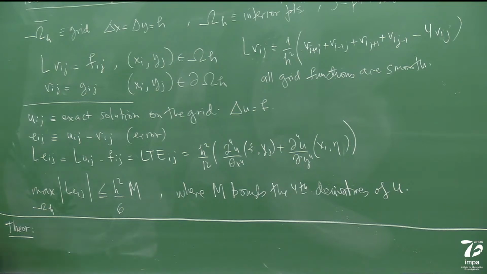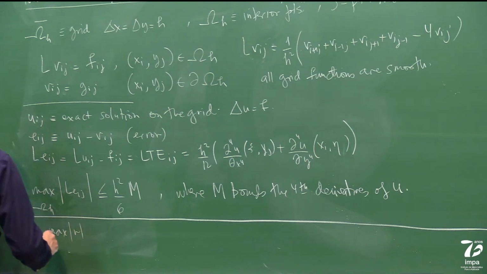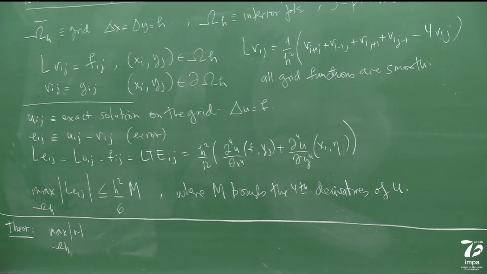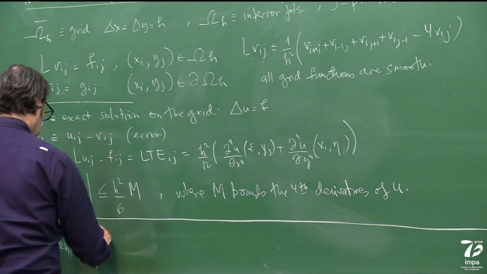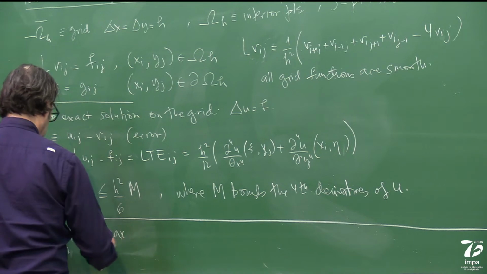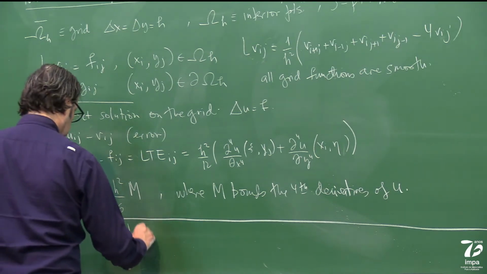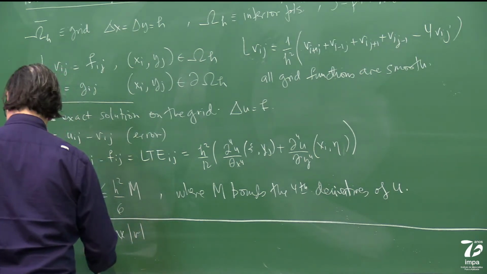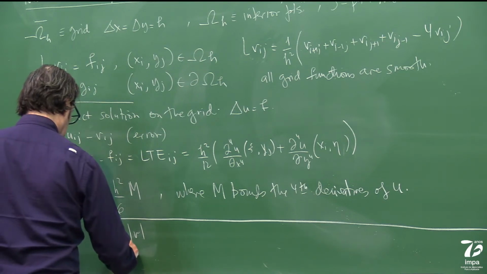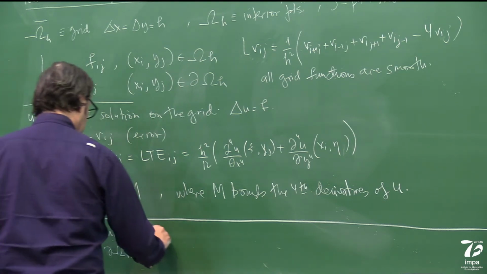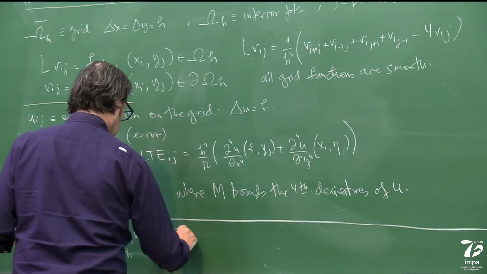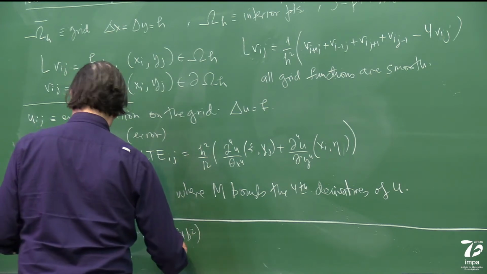The theorem we'll say is the following, and I'll come back to this next class. We're going to say that the maximum of V in the interior of the grid can be bounded by the maximum of V on the boundary. But first we're going to show this for any function with a certain degree of smoothness.